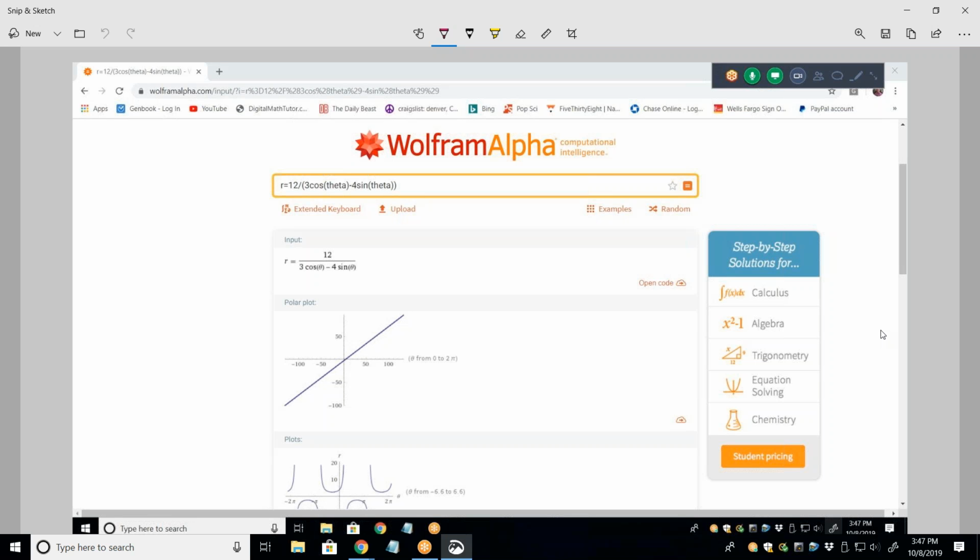But the x-intercept right there is r equal 4, which is what we got. The y-intercept, in other words, when theta equals 0, r equals 4. When theta equaled pi over 2, r was negative 3.